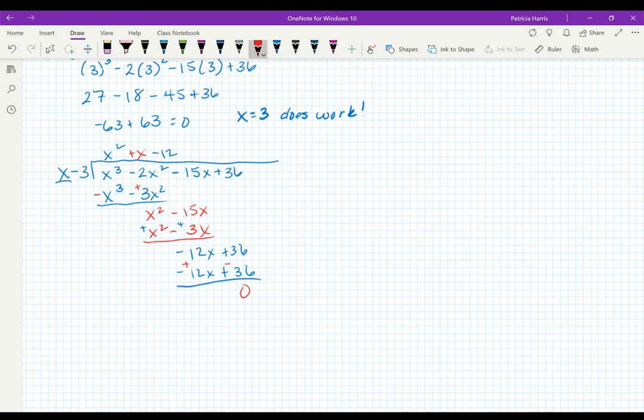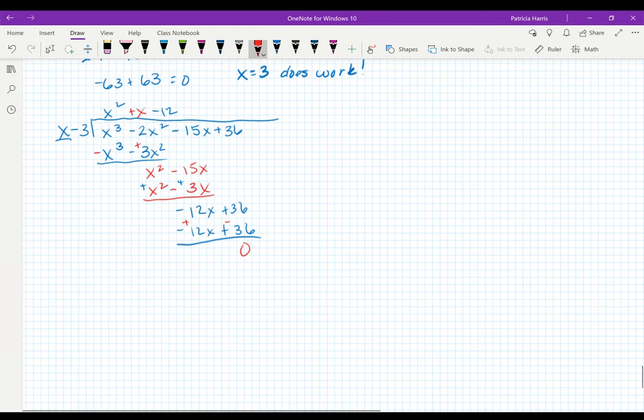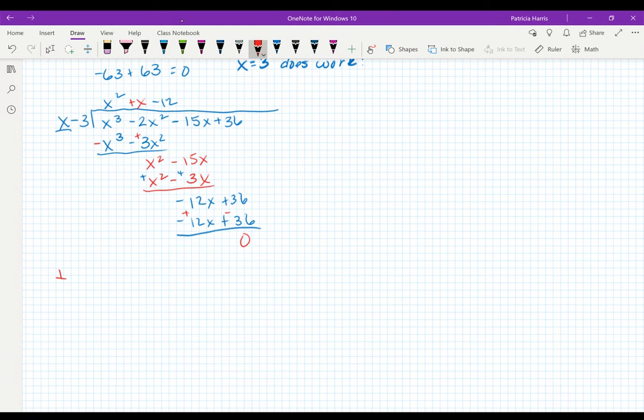So that means, here's what I have so far. This is where we're at. We started with x to the 4th minus 3x to the 3rd minus 13x squared plus 51x minus 36. Then we found that x equals 1 worked, which told me that x minus 1 was a factor.